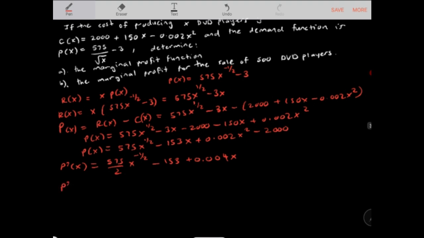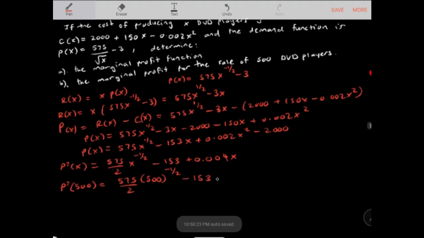So P prime of 500 is going to give us 575 over 2 times 500 to the power of negative 1/2 minus 153 plus 0.004 times 500.